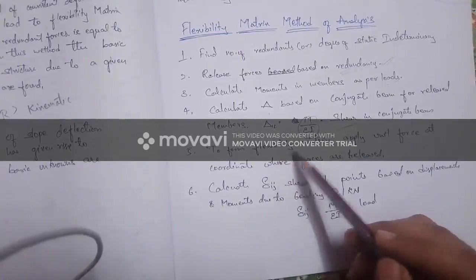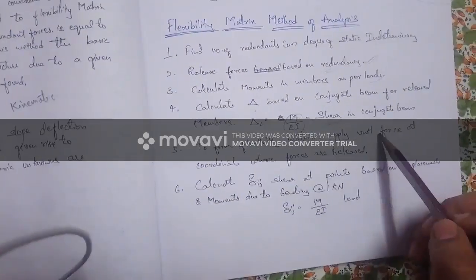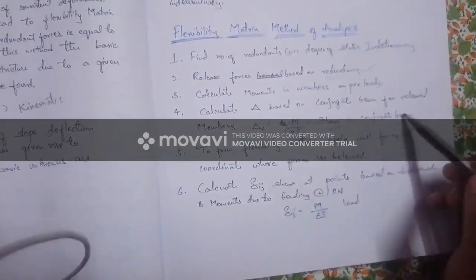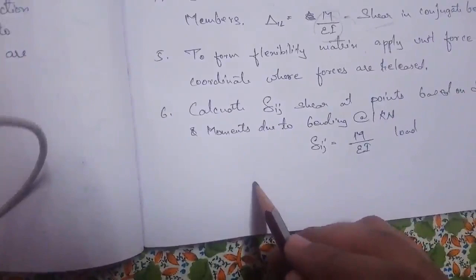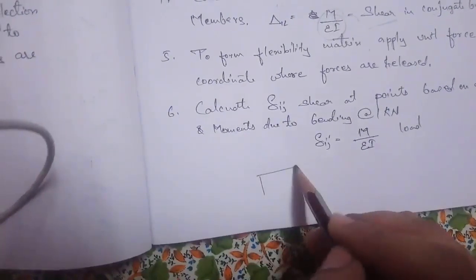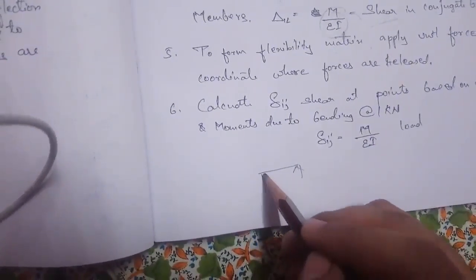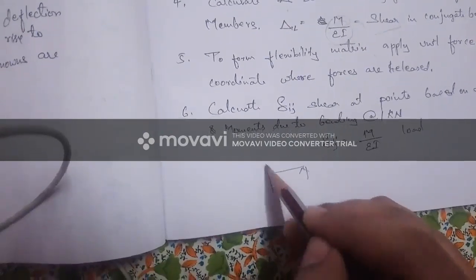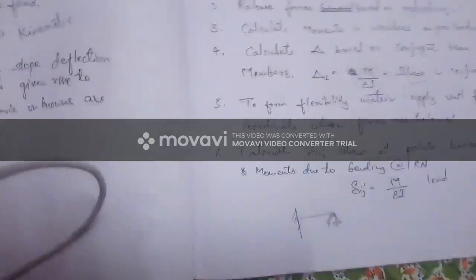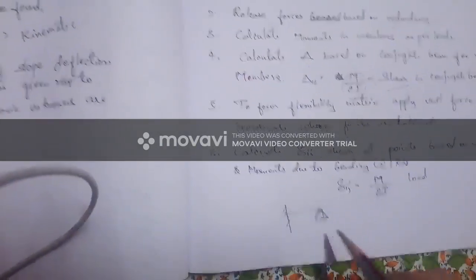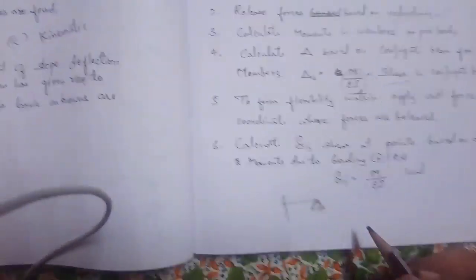Next, to form the flexibility matrix, we apply a unit load at each condition. Suppose we consider a beam where one end is fixed and the other end is hinged. What is the static indeterminacy of this frame?